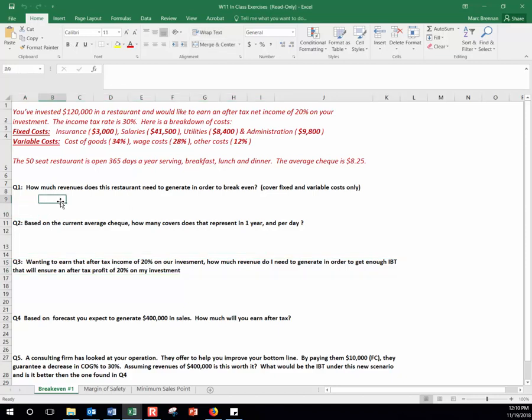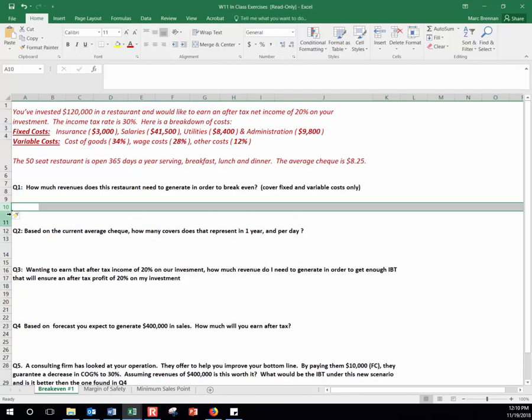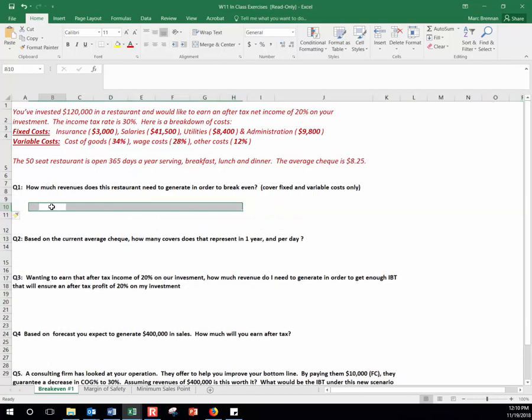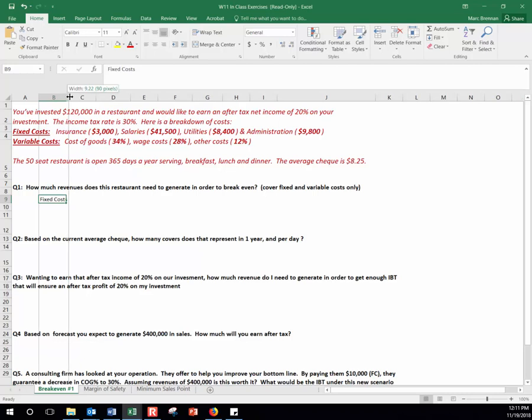There's a couple things that we need. One thing that we always need is our fixed costs when we're putting together a break-even analysis. And we also need our contribution margin percentage. So we need those two numbers. What's our fixed cost?